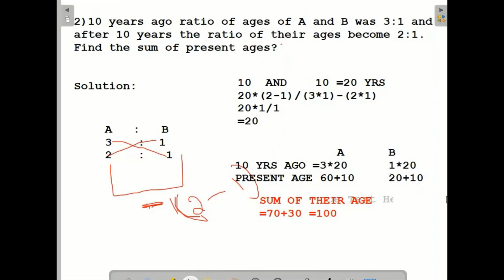Then we have to calculate the present age. For that we have to calculate the age before 10 years ago. So it is 3 into 20, and for the present 10 years we have to add the age of the ago 10 years with the present 10 years. So we have to calculate the sum of their age, that is 70 plus 30 equal to 100.